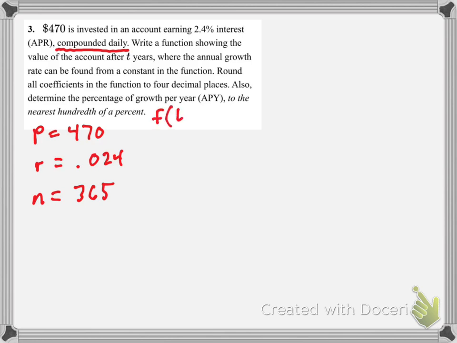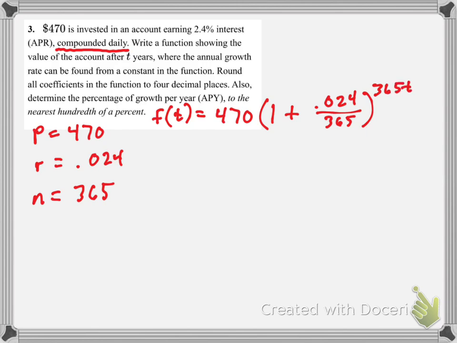So f of t equals 470 times 1 plus 0.024 over 365, to the 365t power. All right, so in our calculator, 1 plus 0.024 divided by 365.